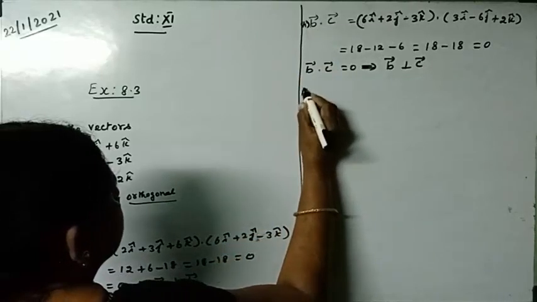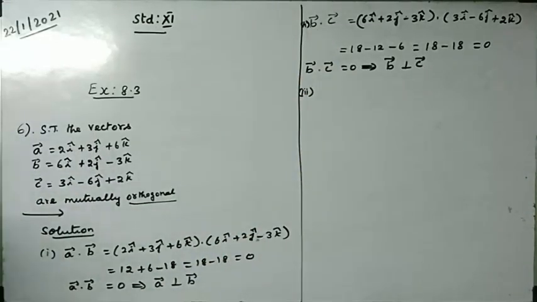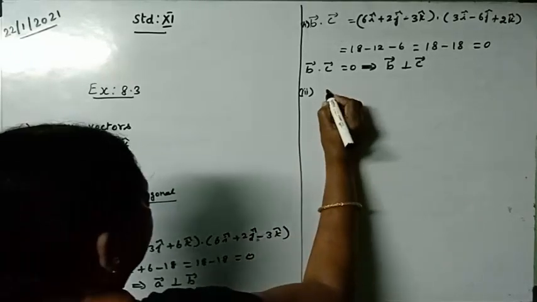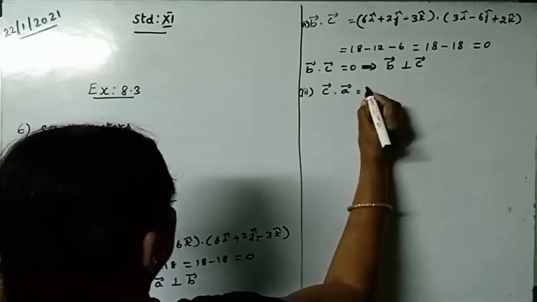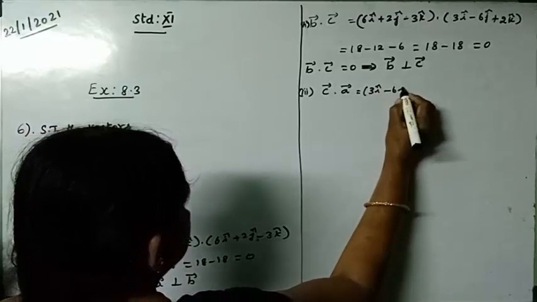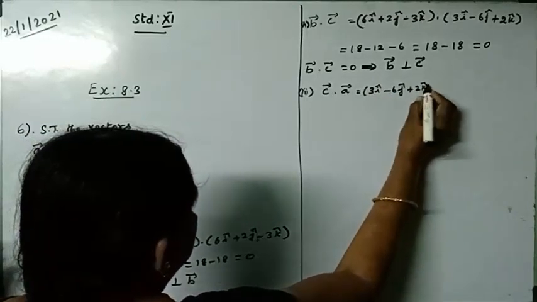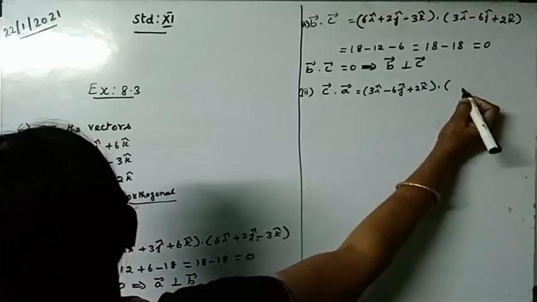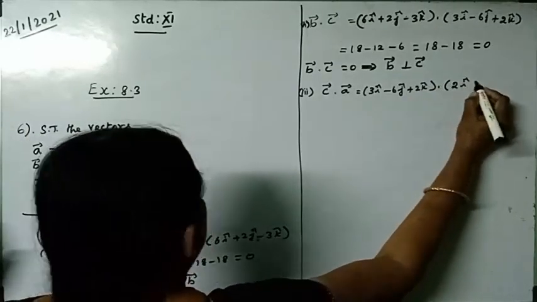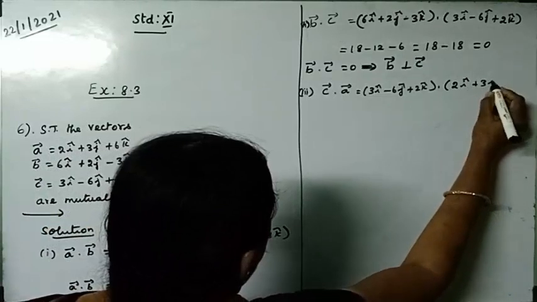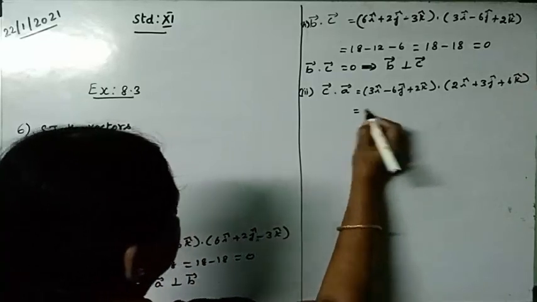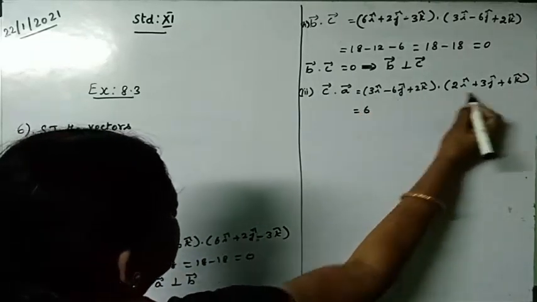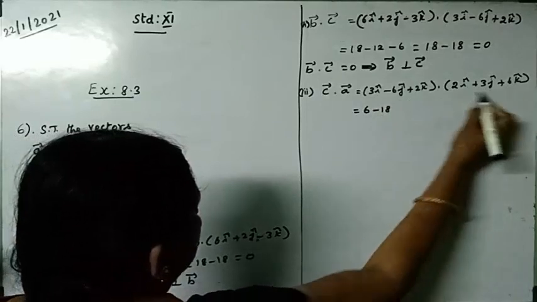Then third condition. Then take C dot A. A dot B is 0, B dot C is 0. Now C dot A. So what is C vector? 3i cap minus 6j cap plus 2k cap dot A vector is 2i cap plus 3j cap plus 6k cap, which is equal to 3 2s are 6, minus 6 into 3 is minus 18, 2 6s are 12.